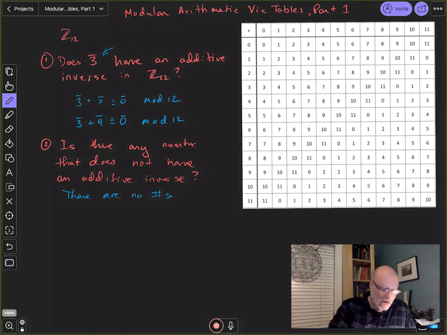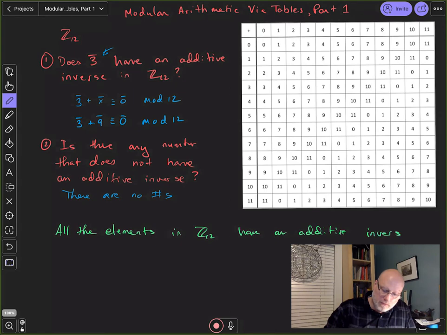If we say that in the positive, then what we're really saying is that all the elements in Z12 or mod 12 have an additive inverse.